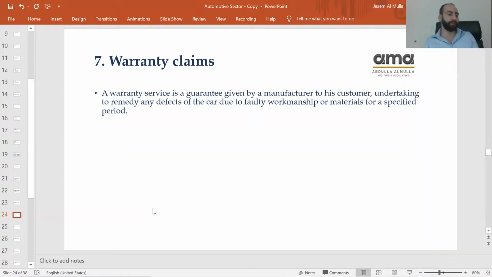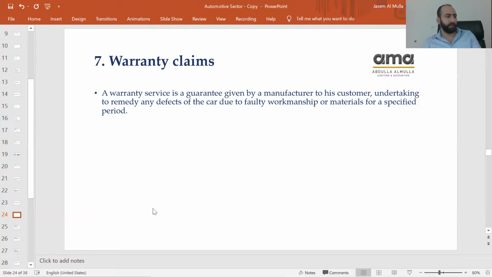Now, warranty claims. The warranty service is a guarantee given by the manufacturer to his customer, undertaking to remedy any defect of the car due to faulty workmanship or materials for a specified period.